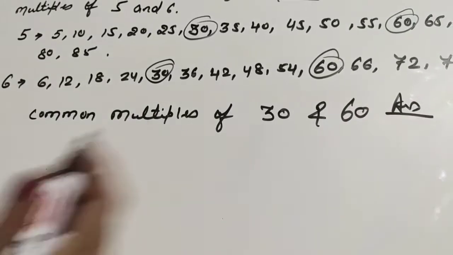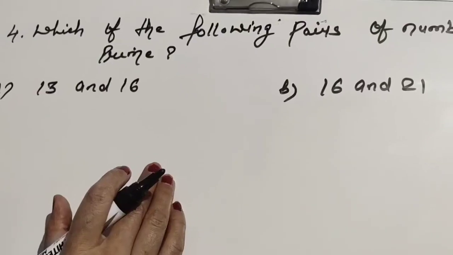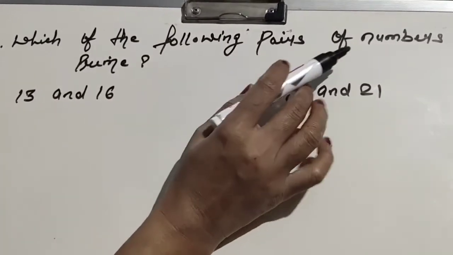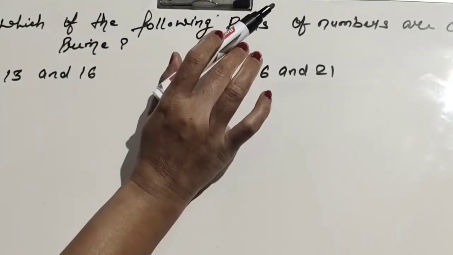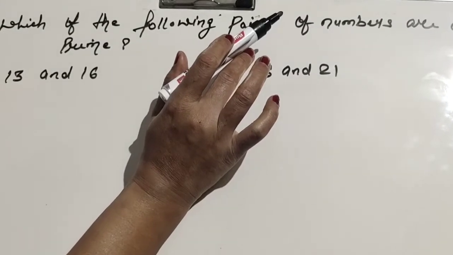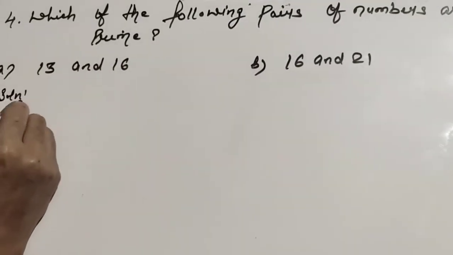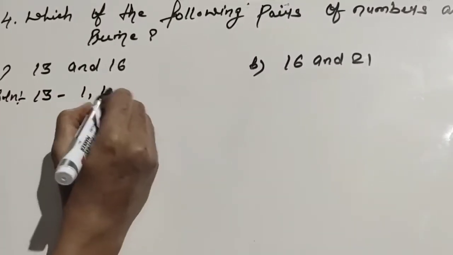Understood? Now next question, question number 4. Which of the following pairs of numbers are co-prime? What we have to do in this question? First of all, we will find all possible factors of 13. So the factors of 13 are 1 and 13.